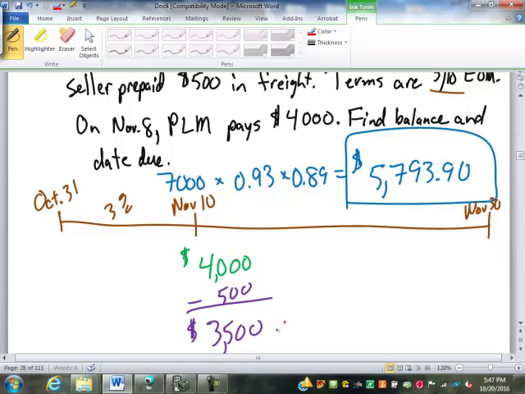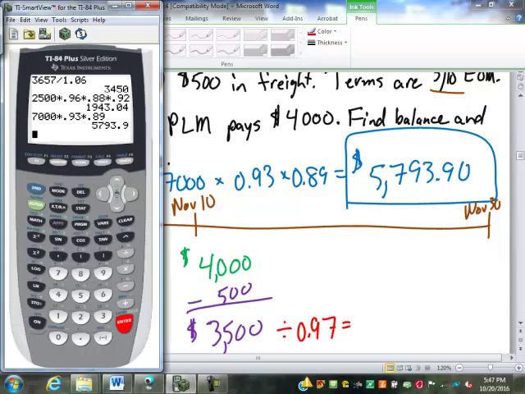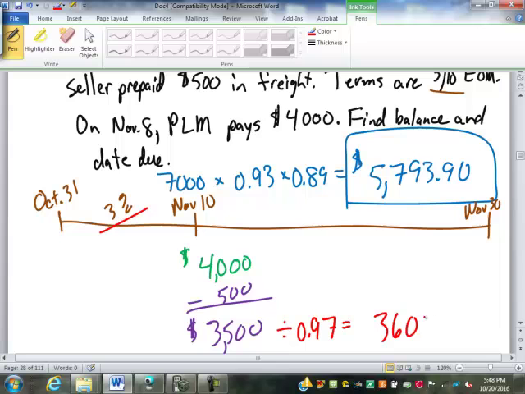Divided by 0.97. There's a 3% discount. So 3,608.25 is the amount credited to the account, to the invoice.